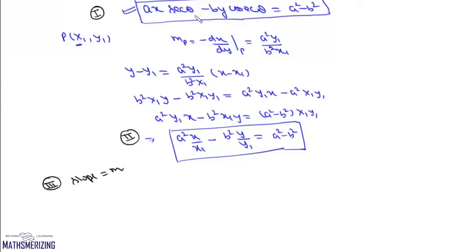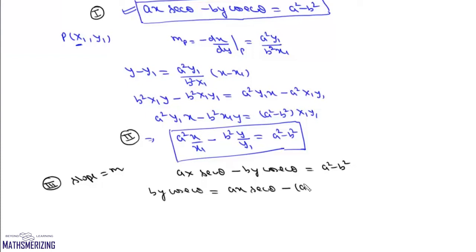Now we know that the equation of normal is ax secant theta minus by cosec theta is equal to a square minus b square. Now we can write this as by cosec theta equal to ax secant theta minus a square minus b square.